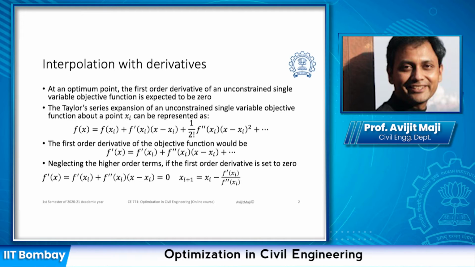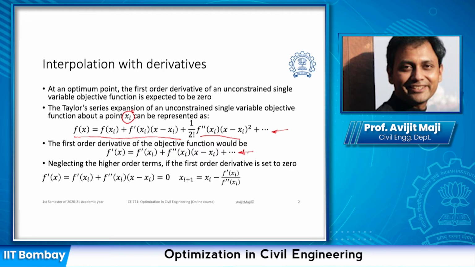For this process, first we have to understand the Taylor series expansion of an unconstrained single variable objective function about a point xi, and this is represented as shown in this equation. Now if we take the first order derivative of this Taylor series expansion, we can represent it as shown here.